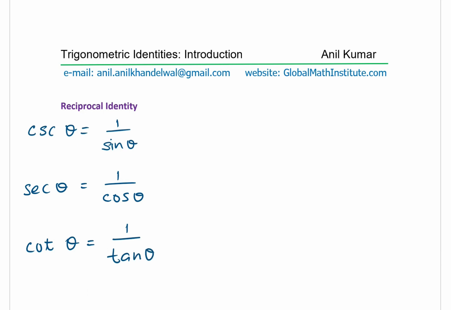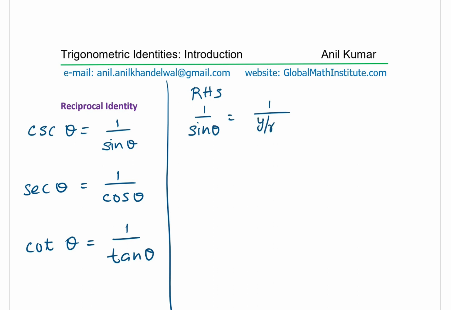Now these are also easy to prove. We can actually begin with right hand side. For example, we have 1 over sine theta. That could be written as 1 over, sine theta is y over r, which you could write as r over y, and r over y is cosecant theta. Is that clear to you?